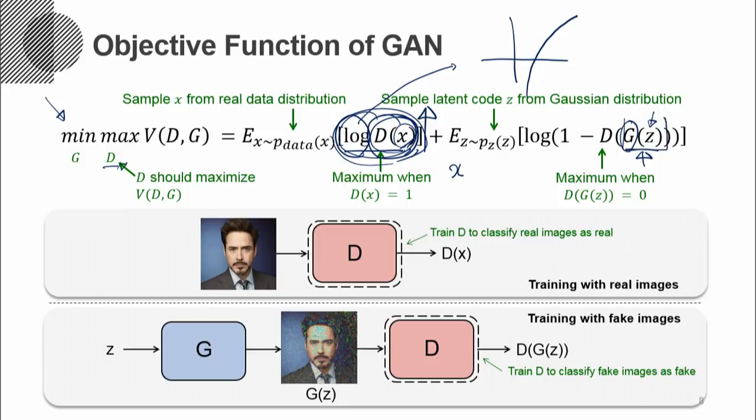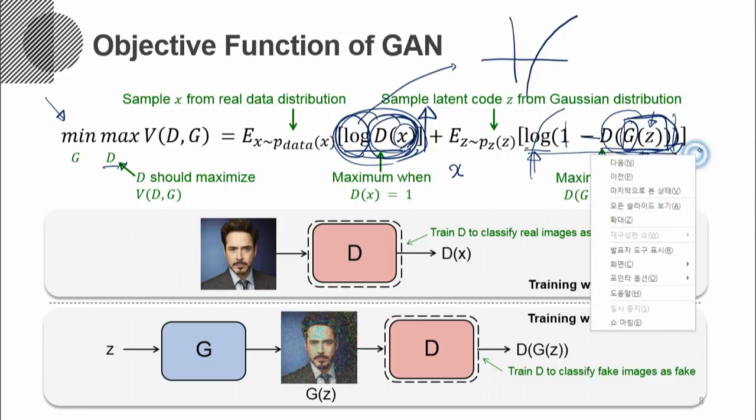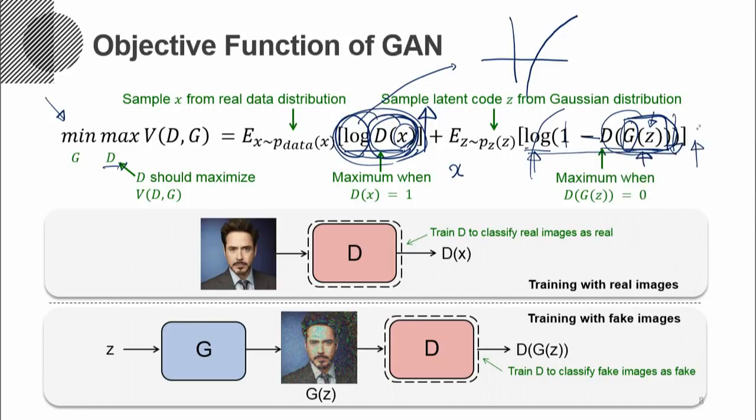And this is actually a fake image, and in this case, the output of this discriminator should be minimized. And overall, when considering 1 minus this output, and then log of it, which is still a monotonically increasing function, then this one will be maximized when this guy is minimized.